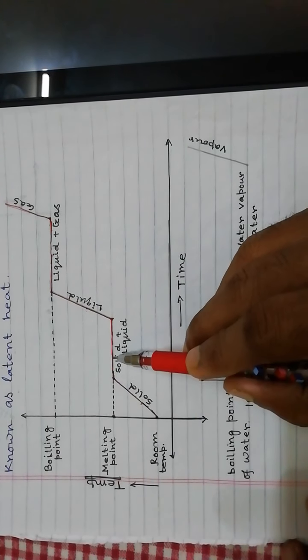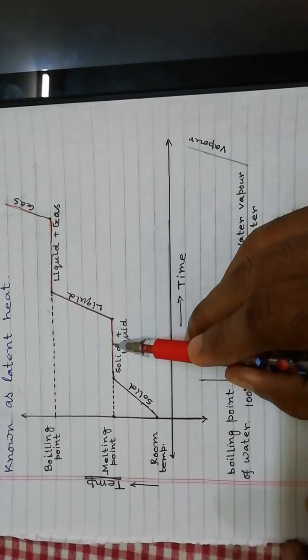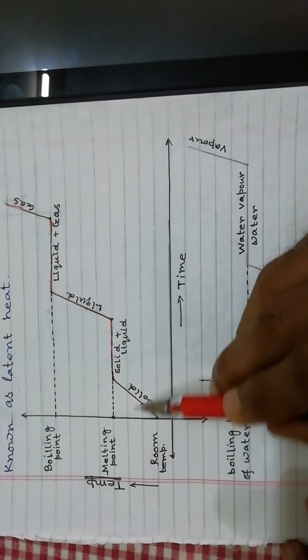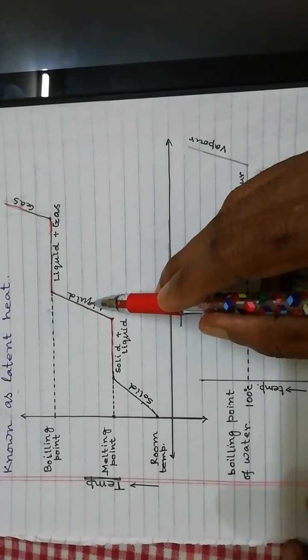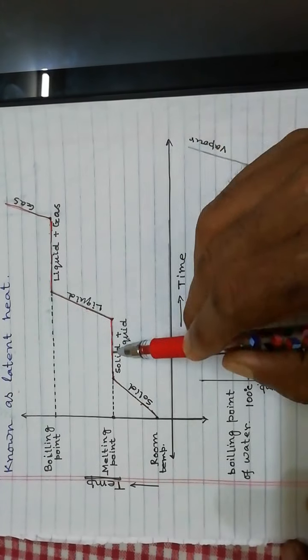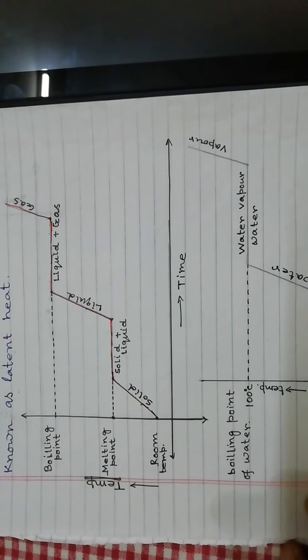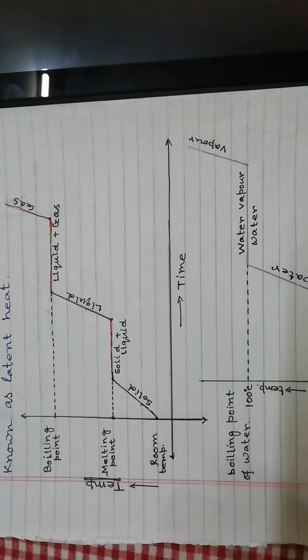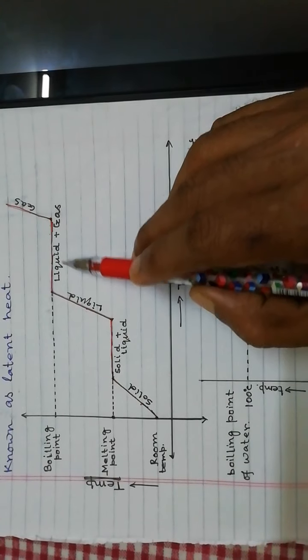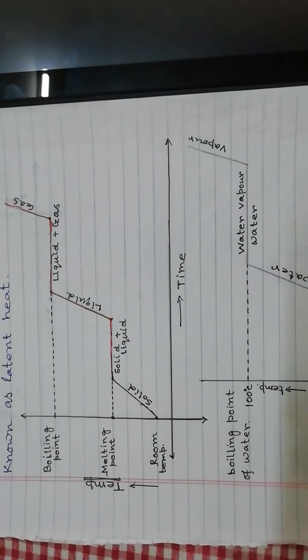That means latent heat changes the state at constant temperature, and sensible heat changes the temperature of the substance. In these two states, the two states coexist. Solid and liquid coexist here, and here liquid and gas or vapor coexist.